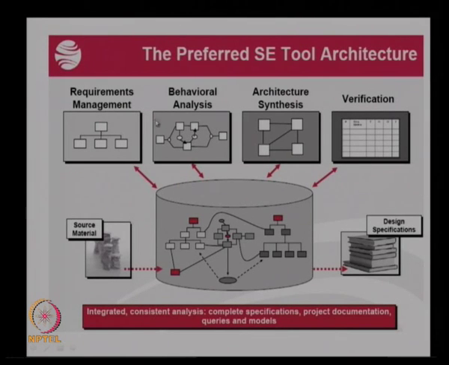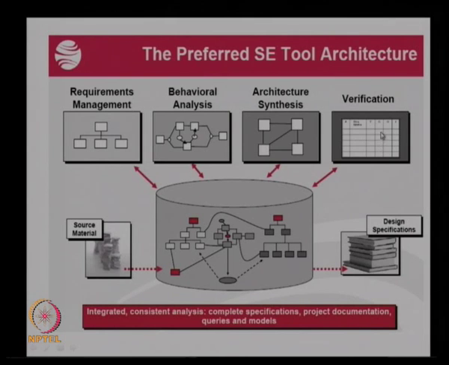So that is the preferred system engineering architecture, where you have a common database which is properly arranged with proper traceability, and all those, requirements management, behavior analysis, architecture synthesis and verification, are actually coming from this database. There will be only one input to this database, that is the source material, and the output will be the design specification.